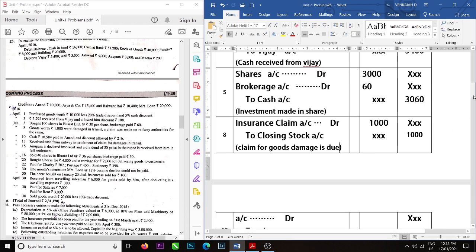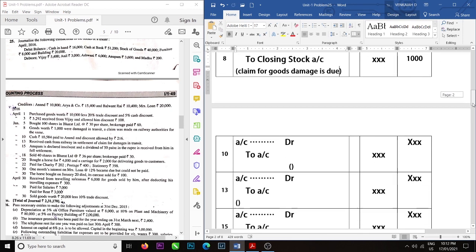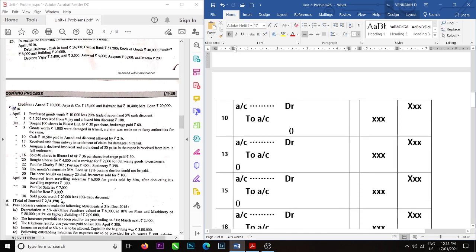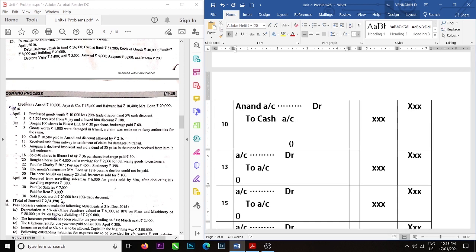Cash 5,814, 10,000 paid to Anand, discount 216. Very straightforward entry, okay? We are paying amount to Anand. Anand account debit. What we are paying, cash we are paying. So for that how much we are getting benefited? 216 is discount received.